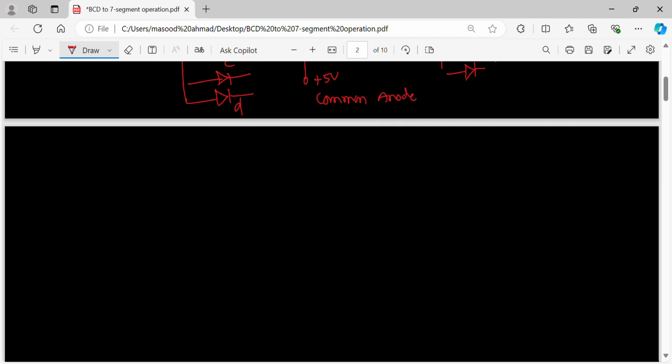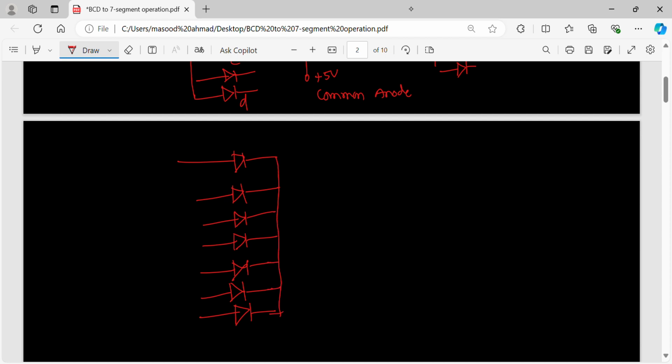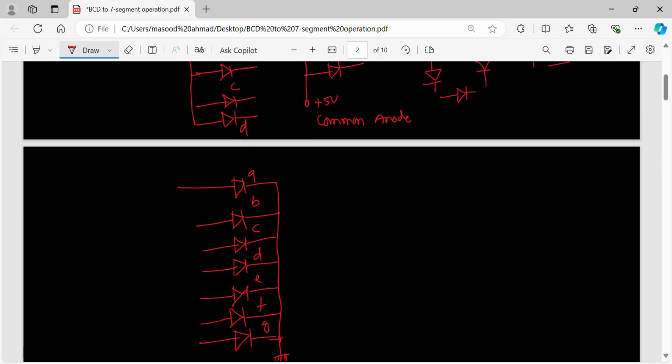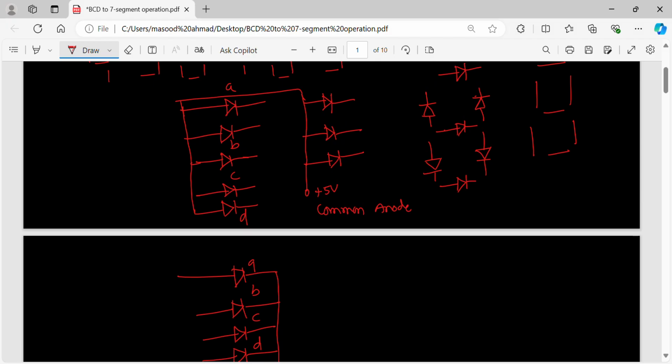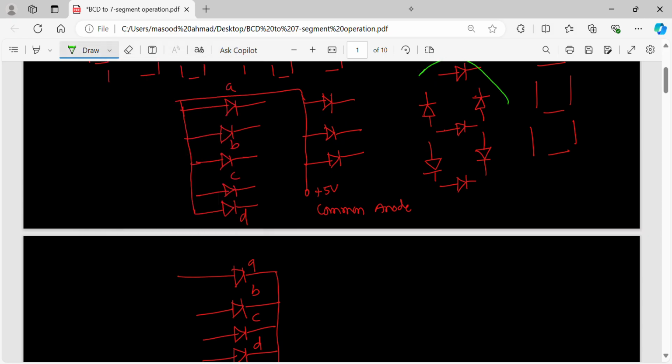Let's suppose inside, once again the same, A, B, C, D, E, F, then G. If all cathodes are connected together, and they are connected to ground, this is A, this is B, this is C, this is D, this is E, F, G. I have drawn it here, but actually they are arranged in this pattern.